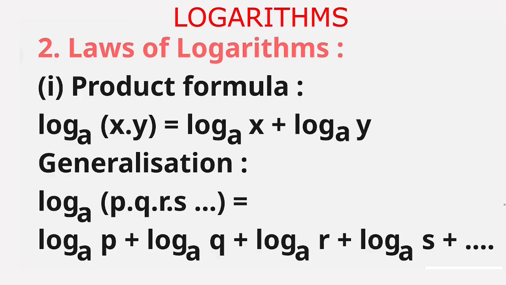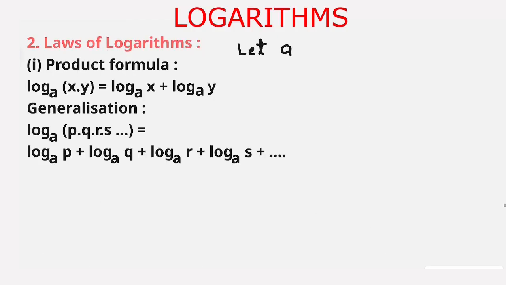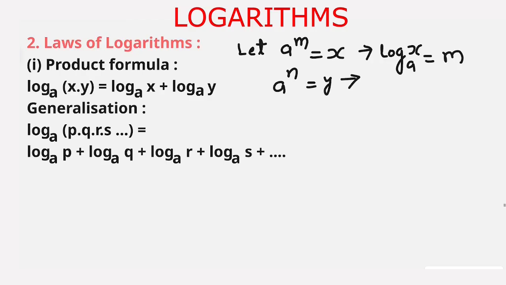Now we prove this formula. Let a to the power m equal to x. This gives log x base A equal to m. And let a to the power n equal to y. This gives log y base A equal to n.